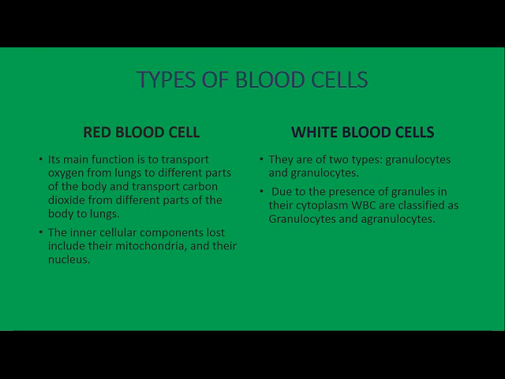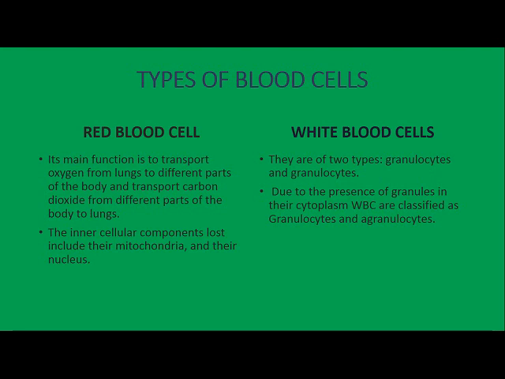The red blood cell has almost lost all its inner cellular components, and it doesn't have mitochondria and nucleus. Many times, children, this question is asked in the exam: name the cell that does not have mitochondria or nucleus. The correct answer is red blood cell.